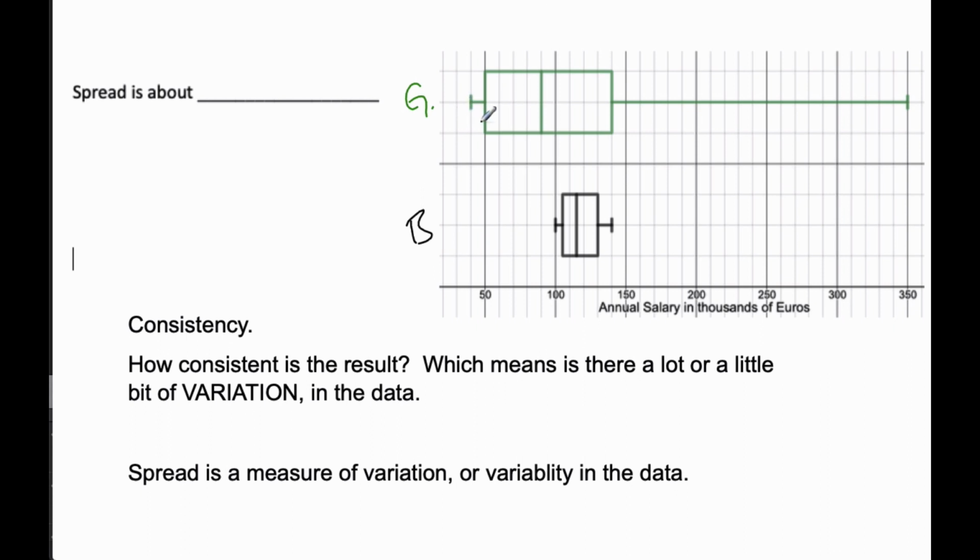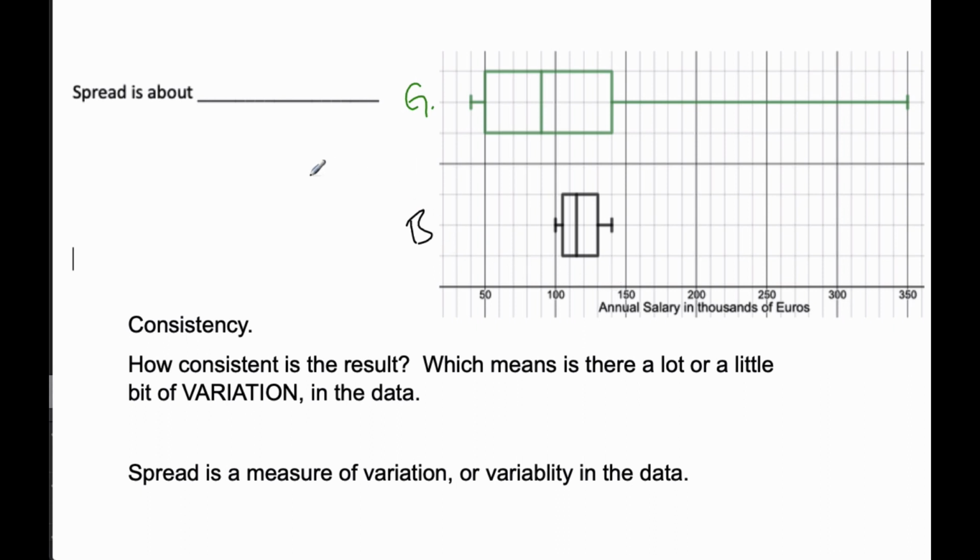When you look at the green company, the spread of all these different annual salaries is quite diverse. It's quite varied. So it goes from 40,000 euros to 350,000 euros. So that's the range of salaries. Whereas in the black company, your salary goes from 100,000 to 140,000 euros a year.